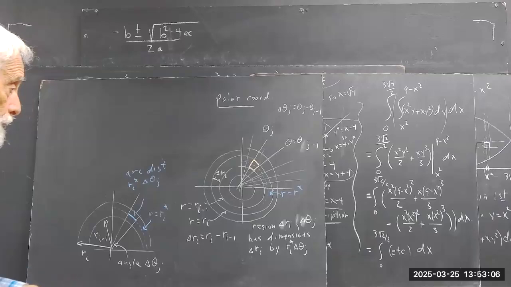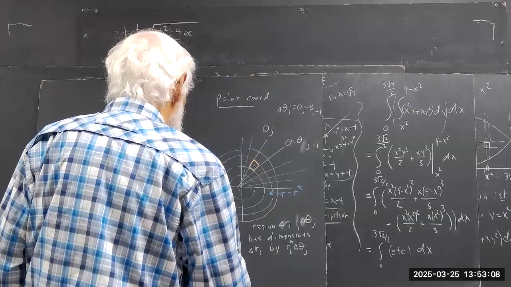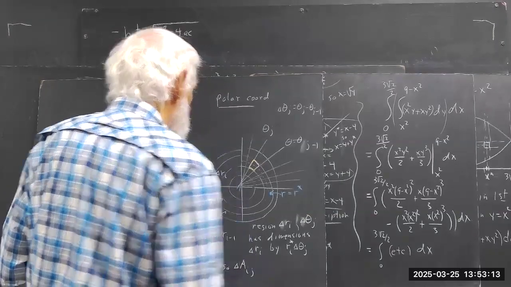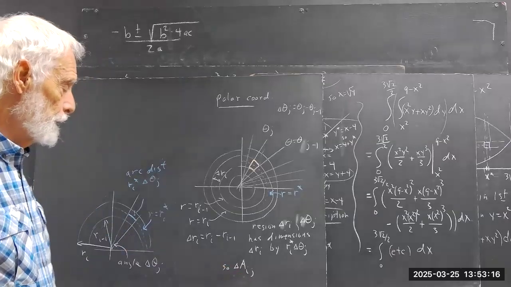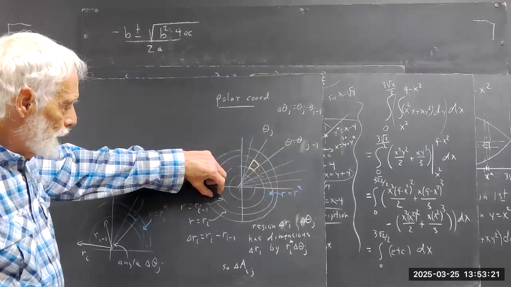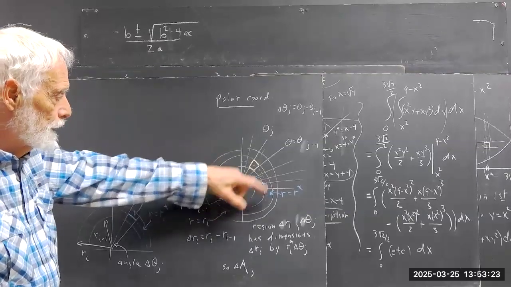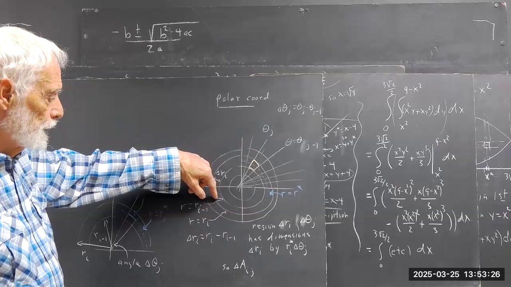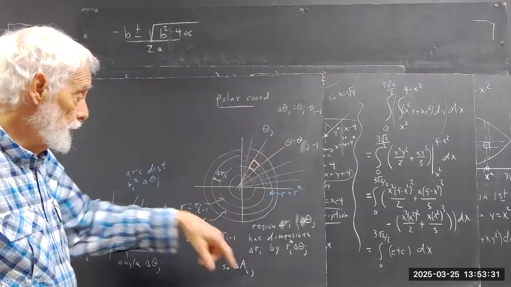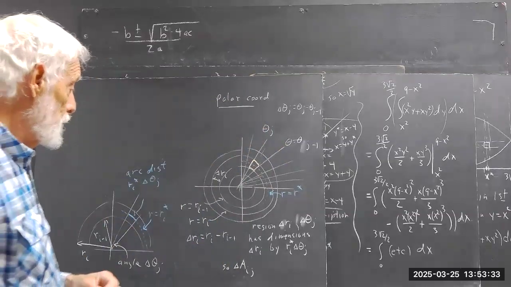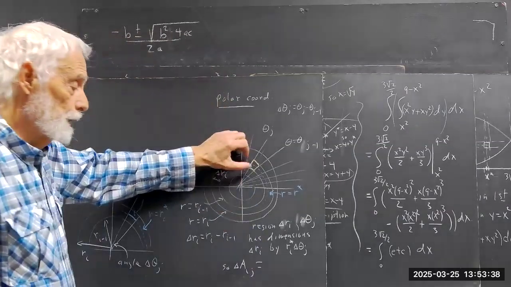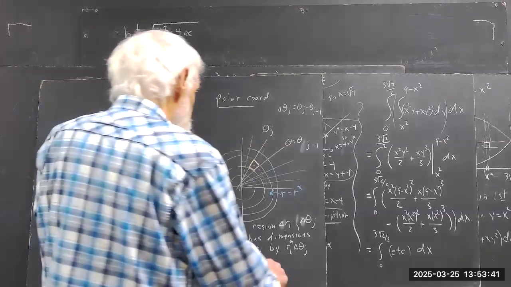So the area, which I'll designate by delta A sub ij, the area between the R sub i minus 1 and R sub i circles, in between theta sub j minus 1 and theta sub j, is approximately equal to, because this is approximately a rectangle, this delta R sub i.